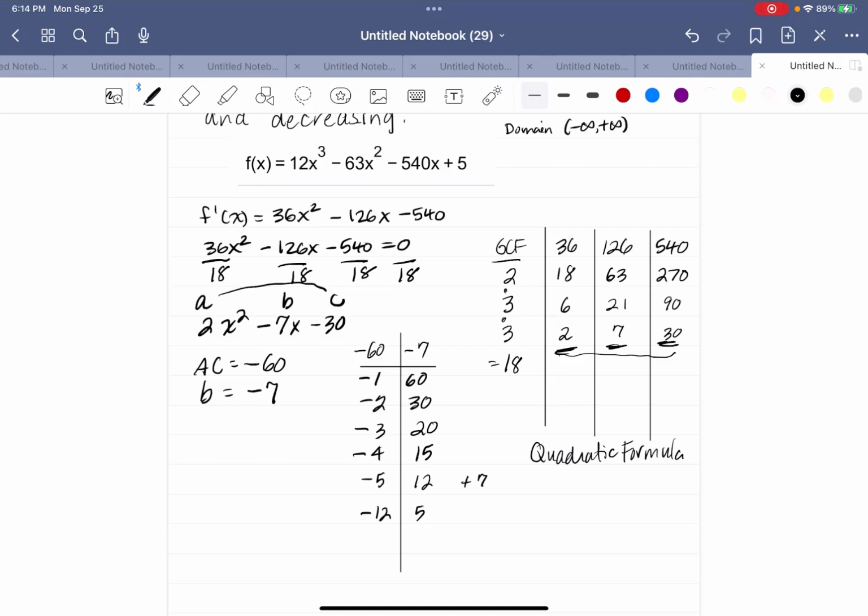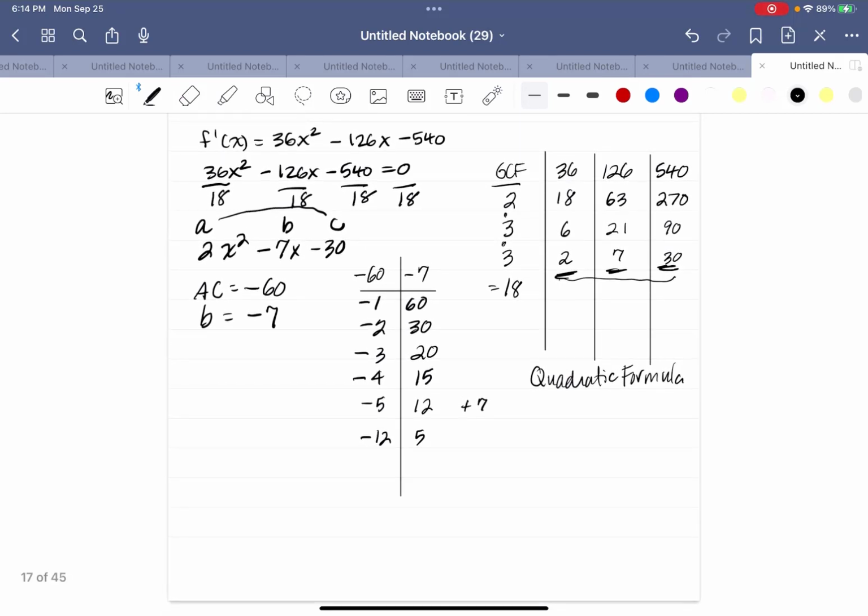So I'm going to take my 2x squared, and I'm going to write the middle term as negative 12x plus 5x. I'm going to factor out the greatest common factor from each pair.